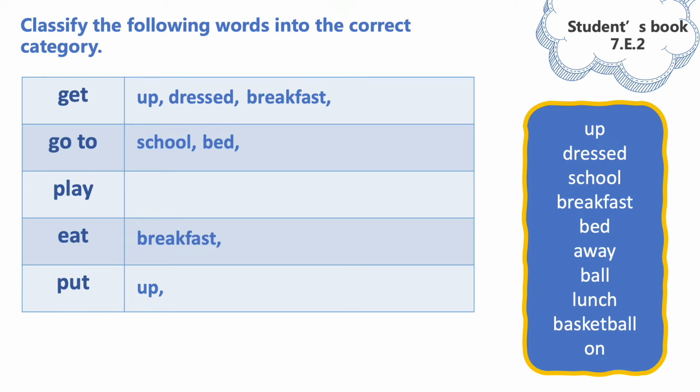Bed. Sorry, I answered already. So bed belongs to go to. Go to bed. Okay, next is away. Where does away belong to? They belong to get. Get away. Okay, next is ball.